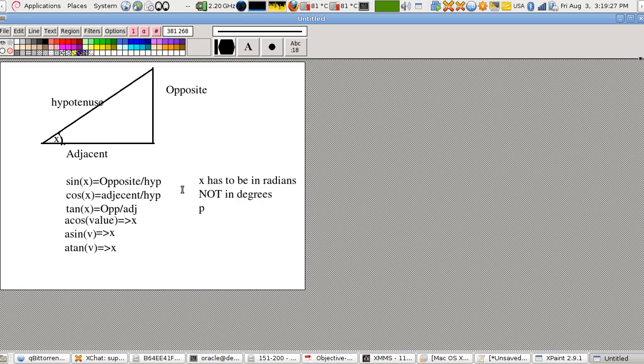So because of that I need the number also named pi, okay, which is equivalent to 180 degrees. Okay, so let's explain more.